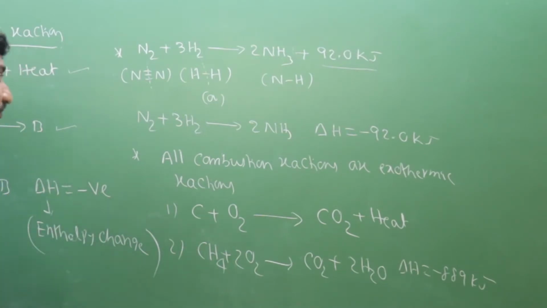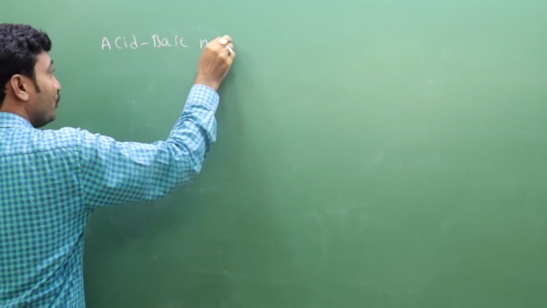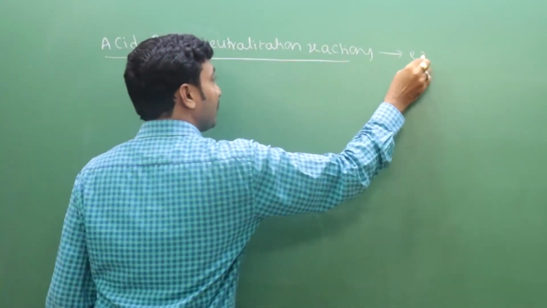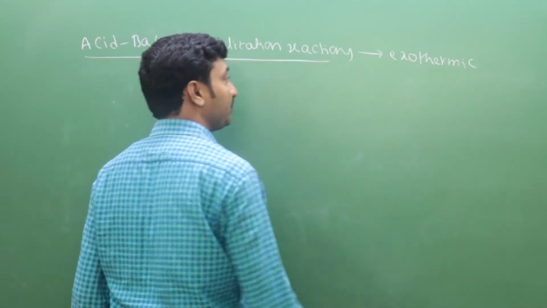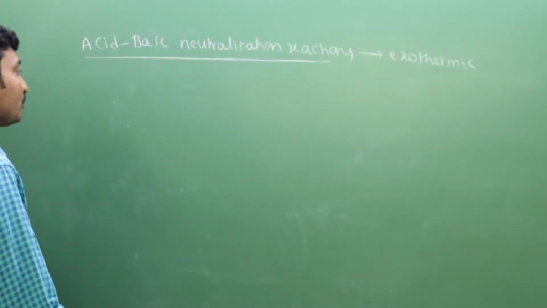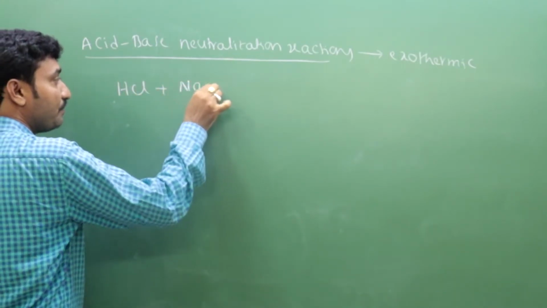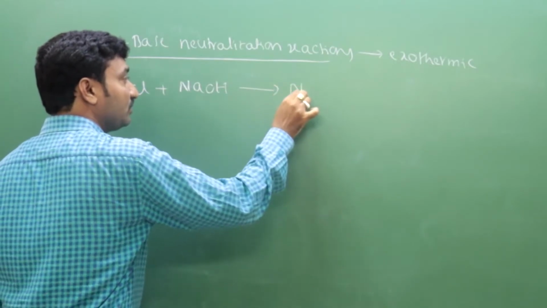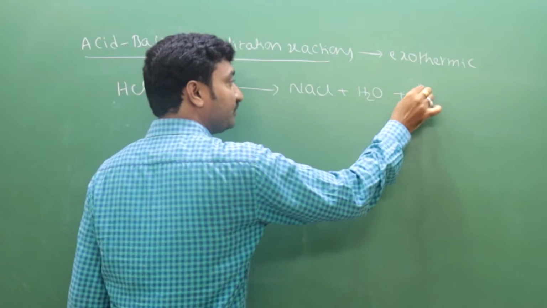Next one, acid base neutralization reactions. Acid base neutralization reactions are exothermic. Acid base neutralization means HCl, an acid, and NaOH, a base, form a salt and water plus heat.